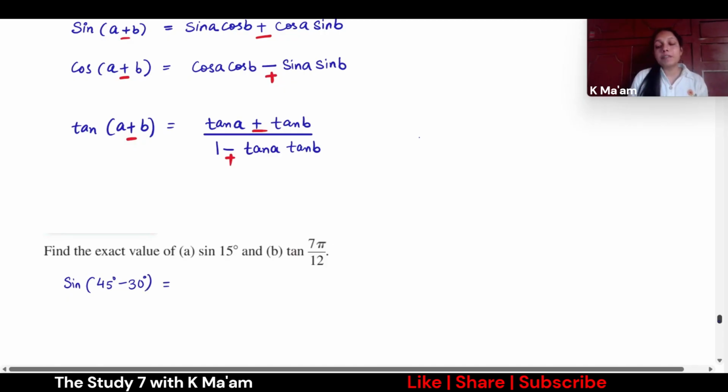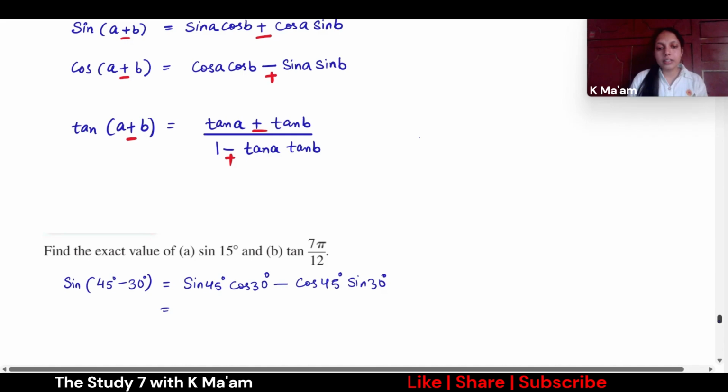So I am using the formula of subtraction. Sine of 45 degrees minus 30 degrees, use this formula. So sine 45 cos 30. Because it's negative, you have to choose negative. Cos 45 sine of 30.